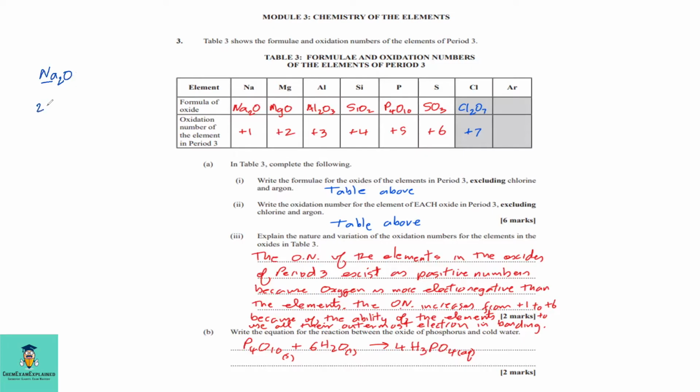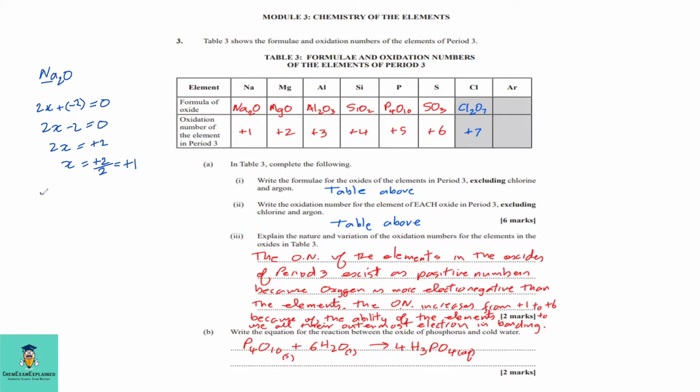So let's go with 2x plus -2 equals 0. 2x minus 2 equals 0. 2x is equal to plus 2. x is equal to plus 2 divided by 2, which gives us plus 1. That is the oxidation number for sodium in sodium oxide.